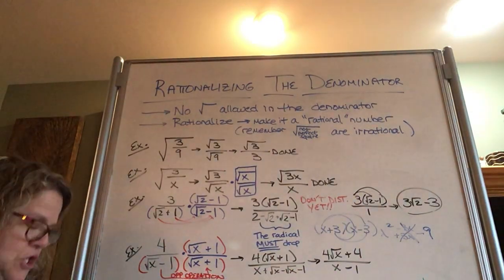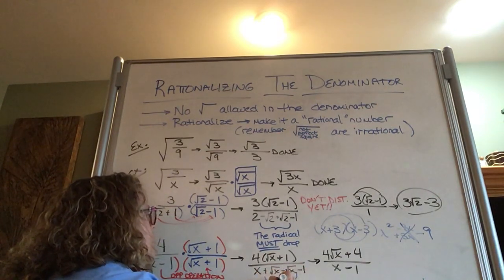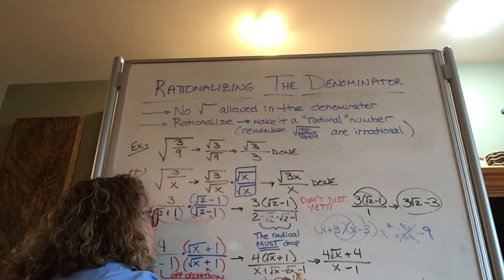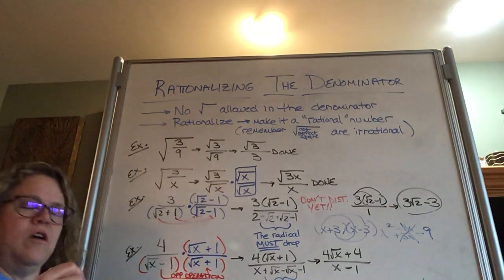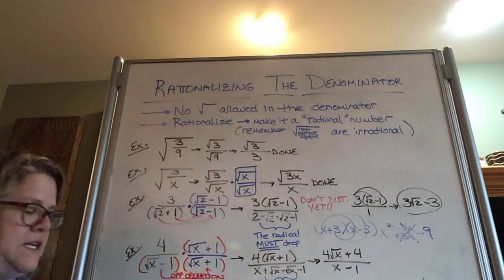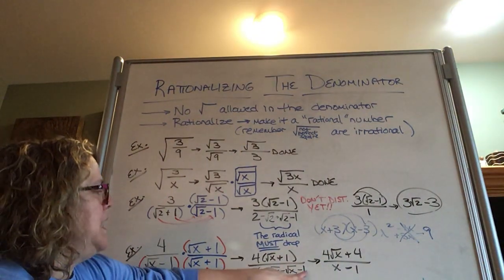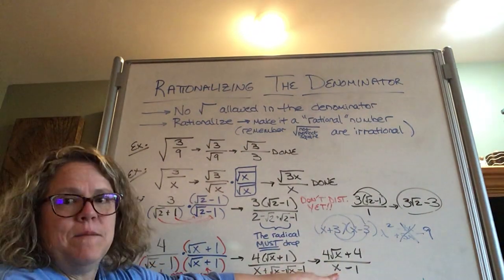Again, just like it did above, these two drop. They take each other out. So now there's no radical left in the denominator. I have x minus 1 left as my denominator.